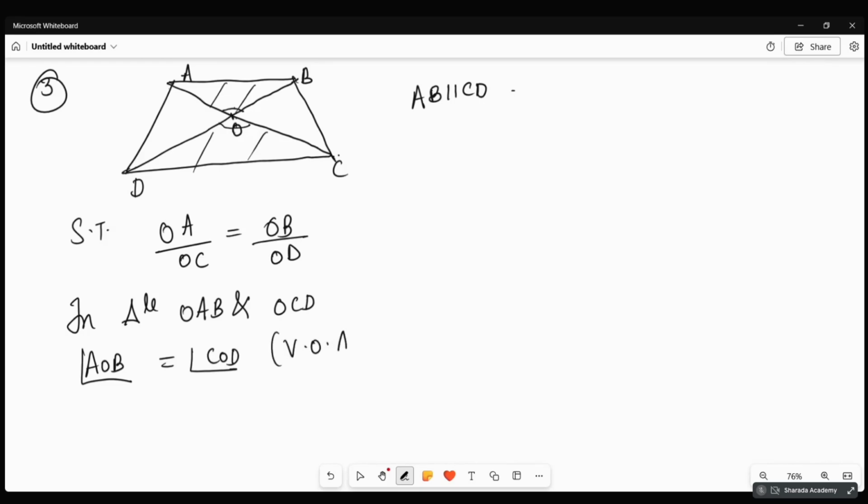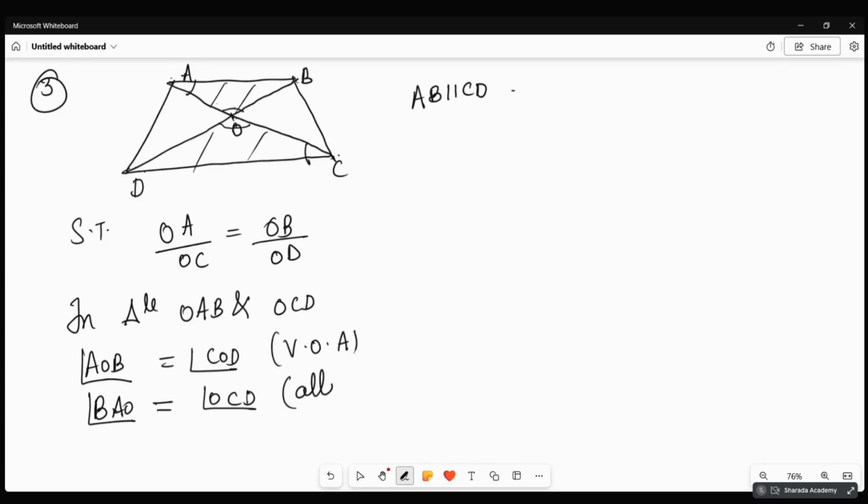They are vertically opposite angles. Then which angle can I say, Lakshit? Correct. Good. Which one? A and C, these two angles. So, how to name them? BAO angle is equal to OCD angle.